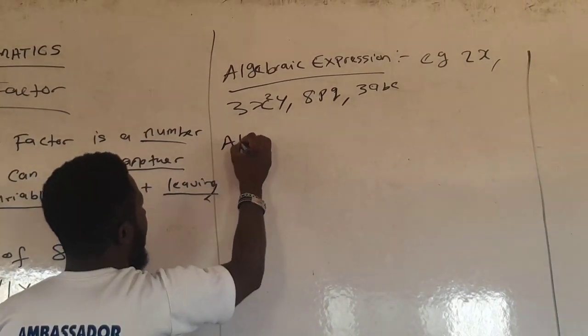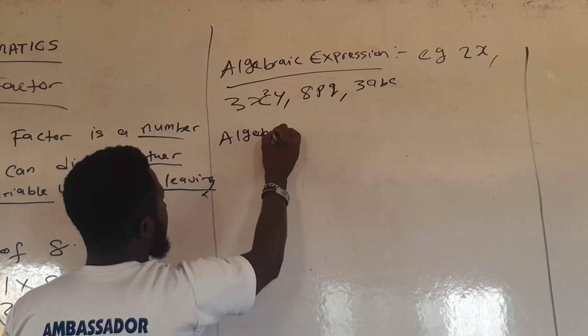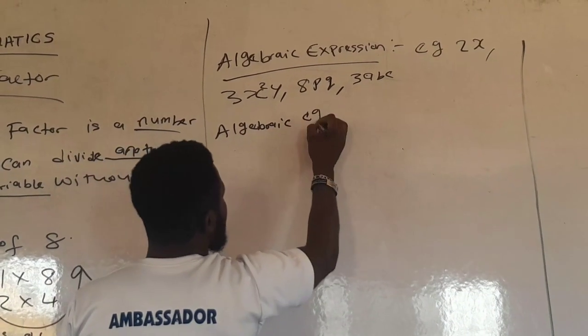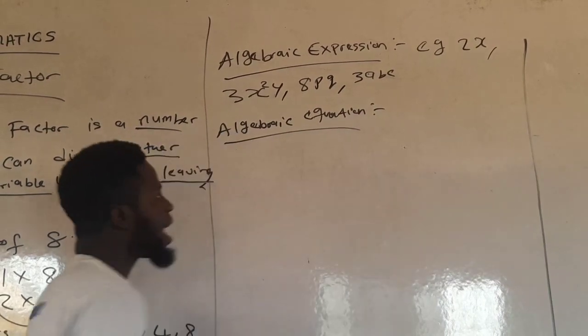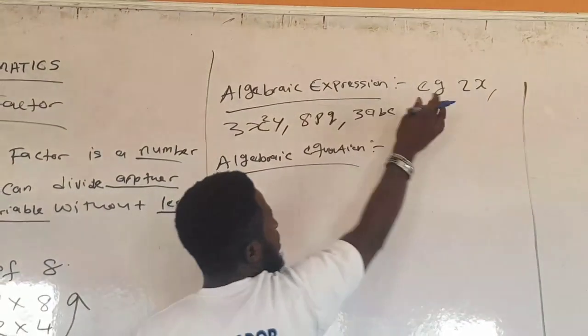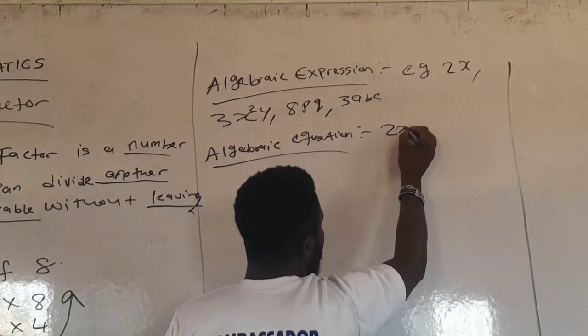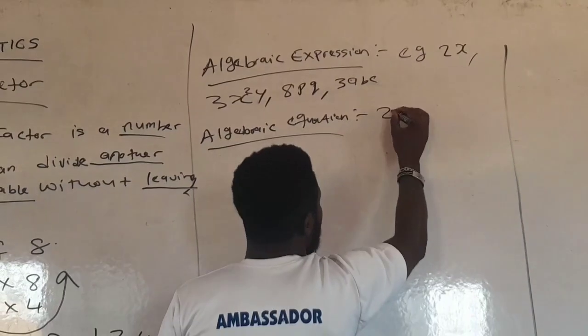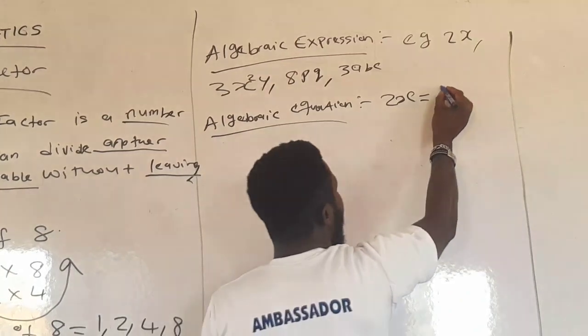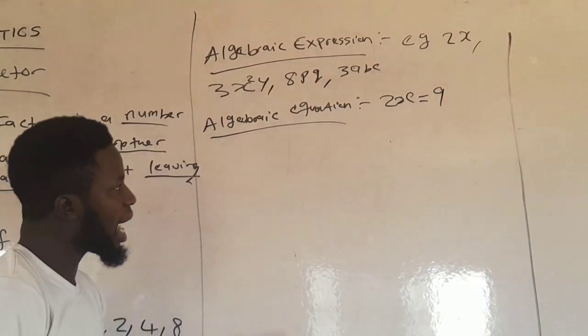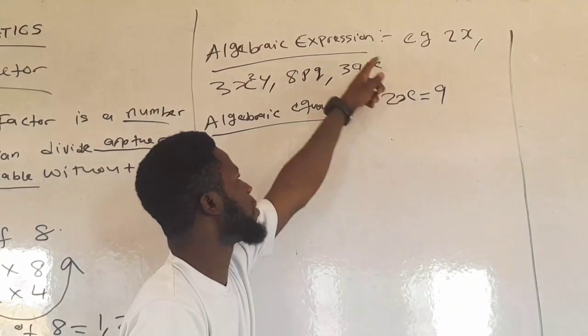But let's see algebraic equation. In an equation, what you have in your expression, for instance, like I have 2x, you equate it to something. You can equate it to 9. That has turned the expression to what?